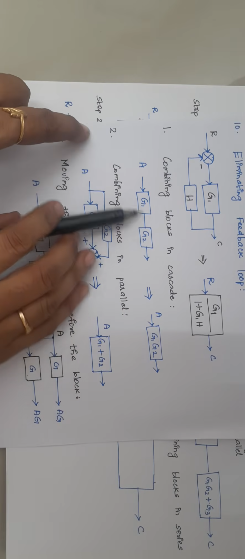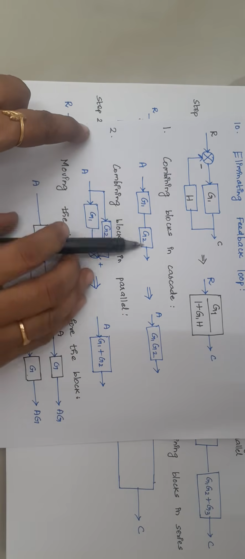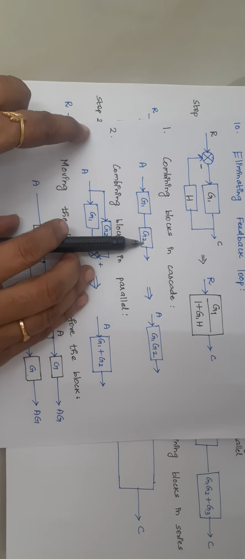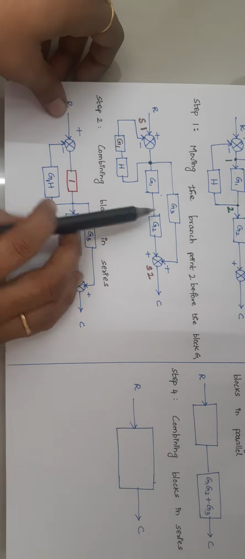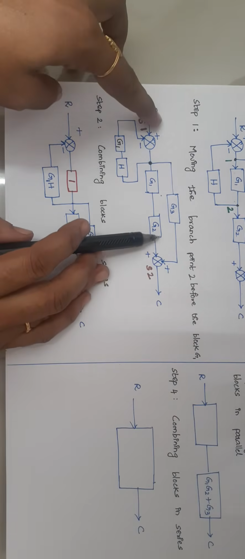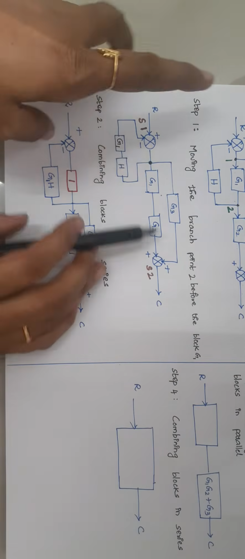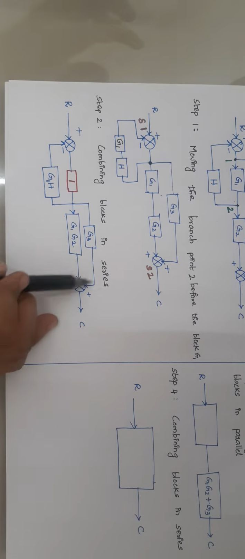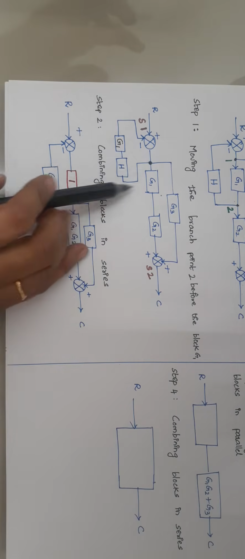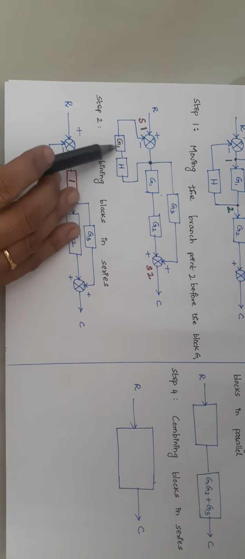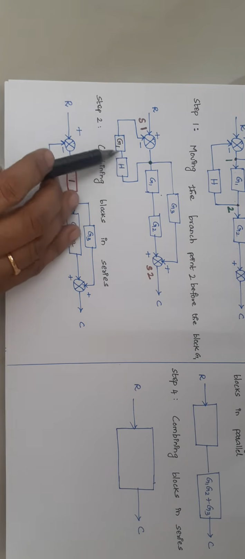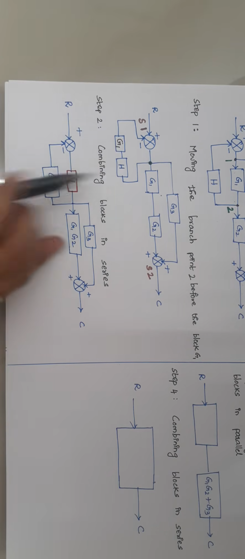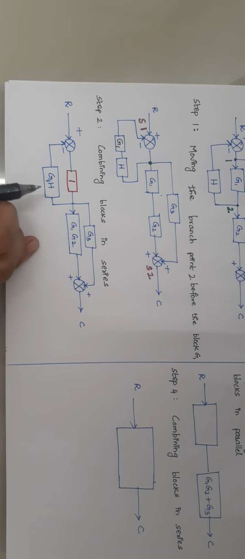So G1 into G2. Similarly, here I have G1, G2, and the G3 remains as such. And here also G1 and H are in series, so when you combine these two elements, you will have G1H, right?